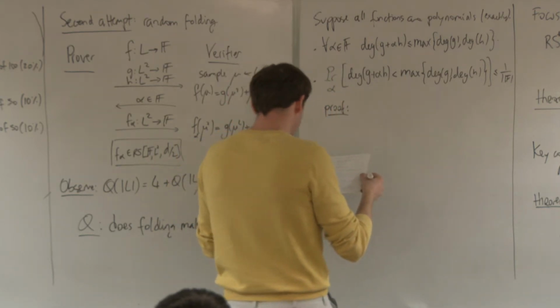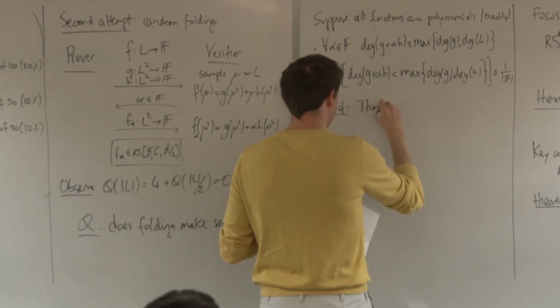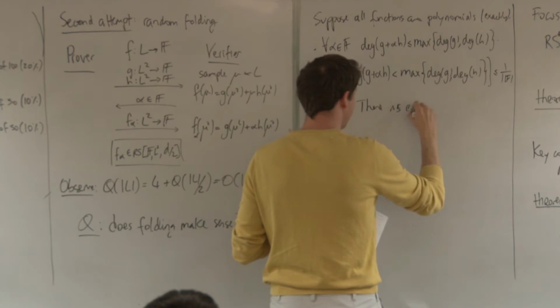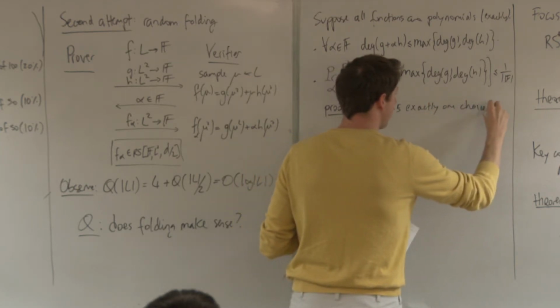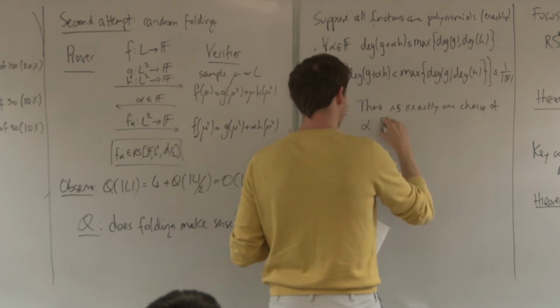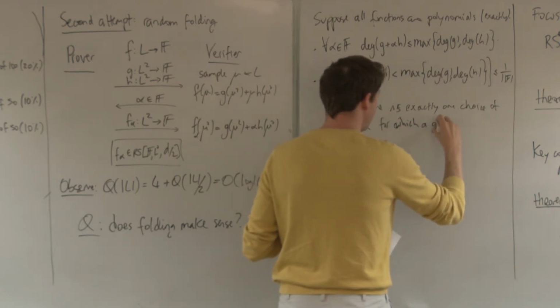So there is exactly one choice of alpha for which a given monomial disappears.